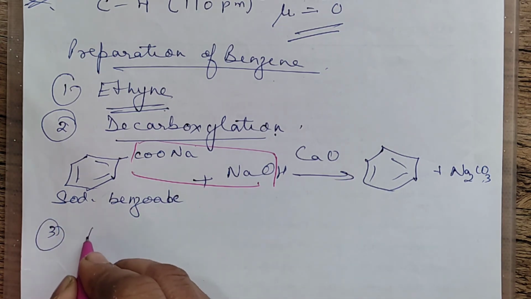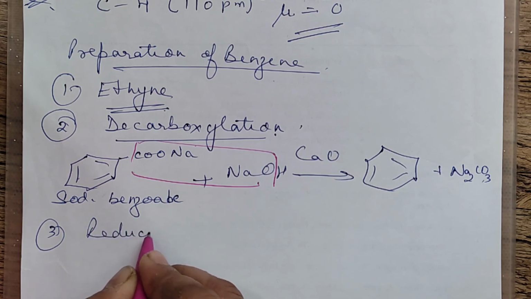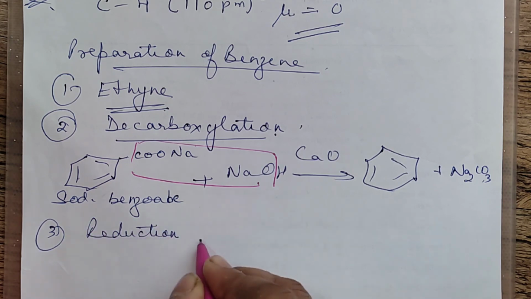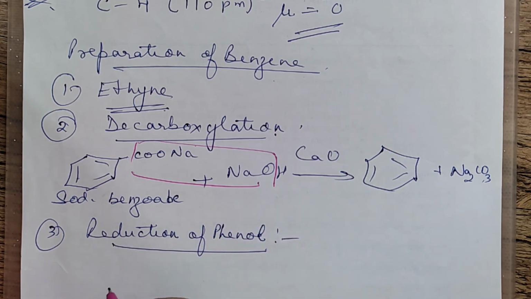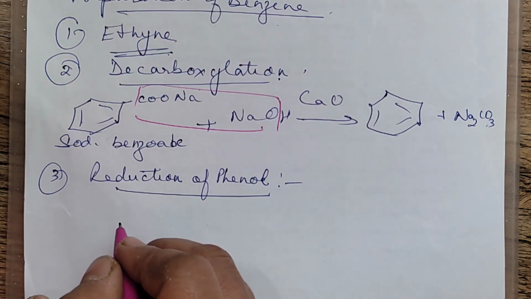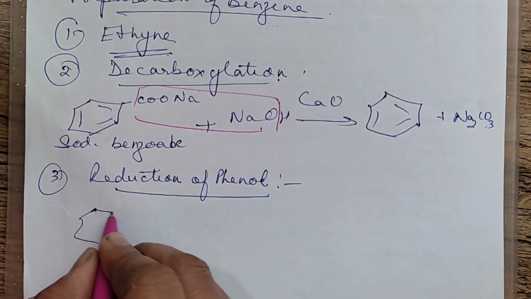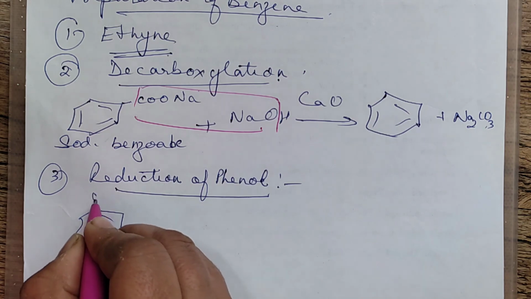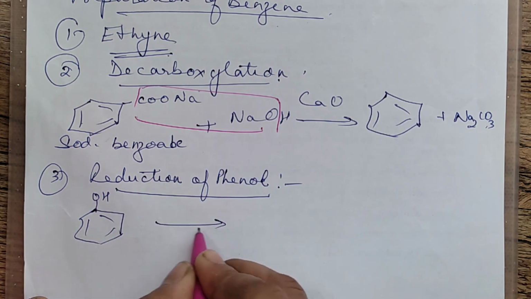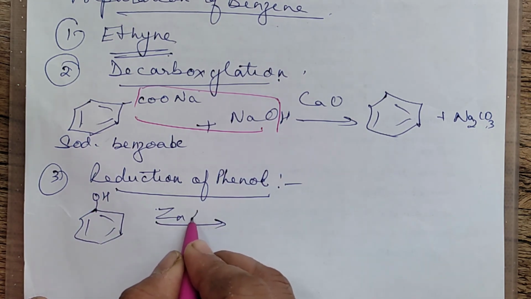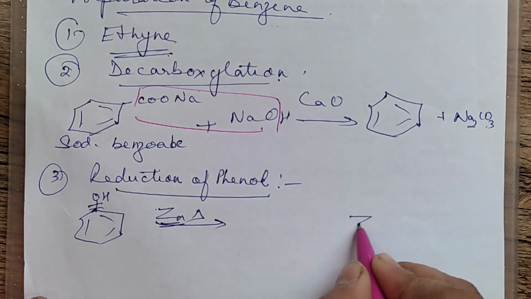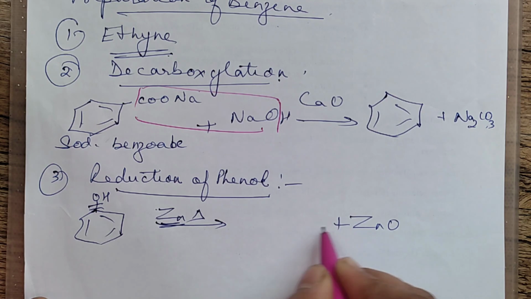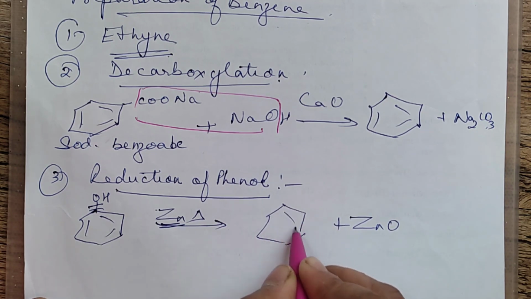The third important method to prepare benzene is reduction of phenol, C6H5OH, phenol. What you have in this is that this is phenol, benzene ring, and on that if you have OH, if you heat it in the presence of zinc, zinc has affinity for oxygen, it will form zinc oxide, and apart from that what you get is benzene.